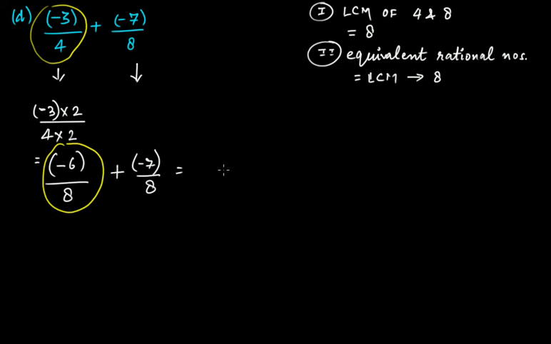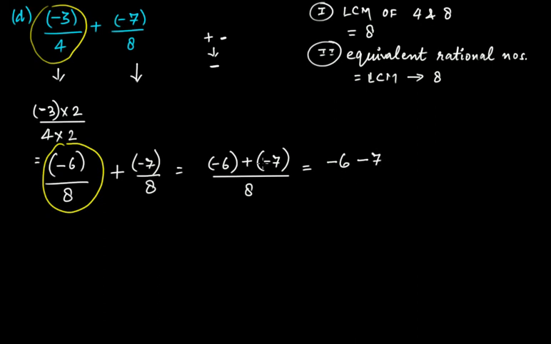Now, denominators are same, so put 8 here. This is minus 6 plus minus 7. Okay, now plus outside the bracket and minus within the bracket, they fight with each other and it becomes minus. So this is minus 6 and minus 7.